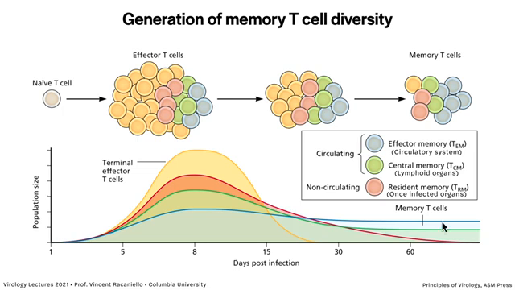Those are the green ones. And then we have resident memory T cells, TRMs. So if you have a lung infection with influenza virus, they tend to stay in the lung, and they're there for the next time that you get influenza virus there. And again, these will be memory cells that can either make cytokines or become CTLs in response to re-encountering the antigen.